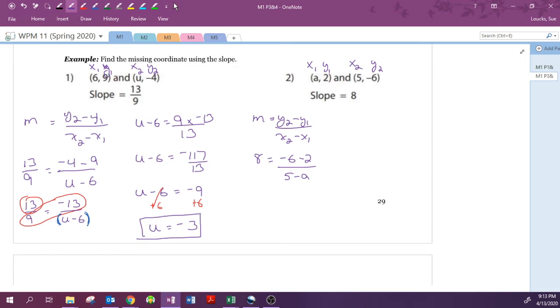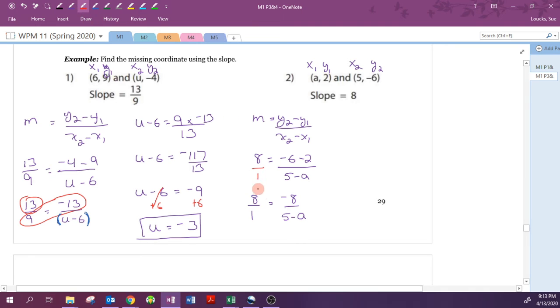Now, before we can cross multiply and divide, remember you can write any number as over 1 and make that the fraction, okay? We should clean that up first. So what I have now is 8 over 1 equals negative 8 over 5 minus a.